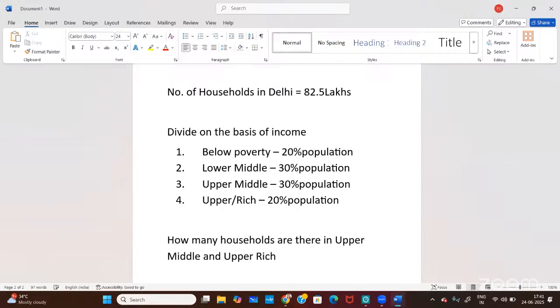So how do I calculate? I'll be calculating with the formula. What is the formula? Number of households into population.